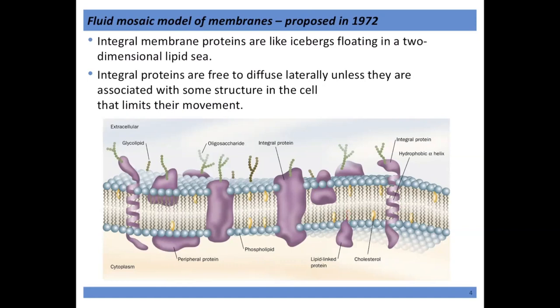So we've talked about all these, and then you can see that the proteins have carbohydrates on them. So membranes, at least biological membranes, are a lot more diverse, and I would almost say complex than just a lipid bilayer. There's a lot going on, and that's kind of what we want to understand here.